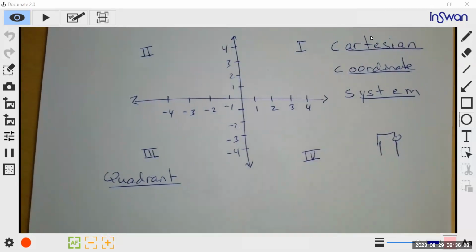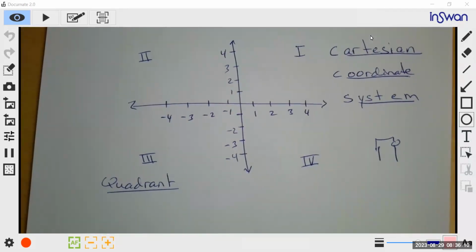Very good. But why would you do it counterclockwise? Yeah. We call this counterclockwise.